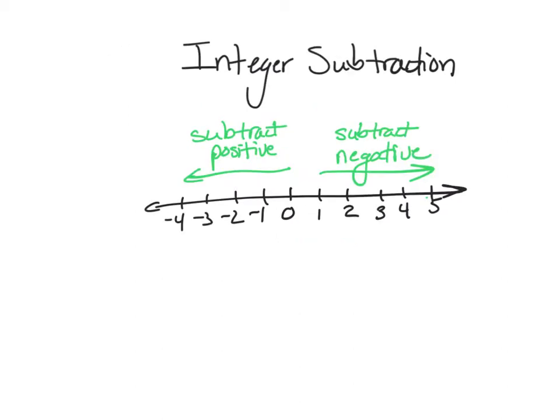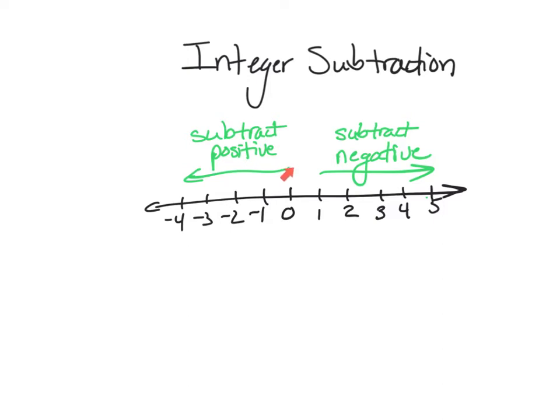All right, let's look at integer subtraction and what we are going to do. When we start a problem modeling it on the number line, we always start at 0 and we move to the first number. That's the same for integer subtraction as it is for integer addition. When we subtract, we are going to move differently than in addition.